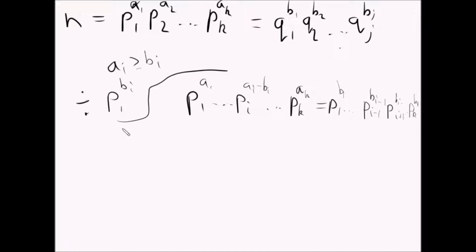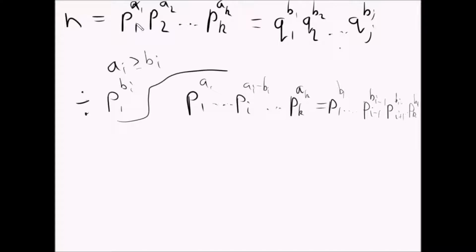So here we can see that I've written the number n, and I've assumed that I can express it in 2 different ways. So we're looking for 2 different prime factorizations of the number n.